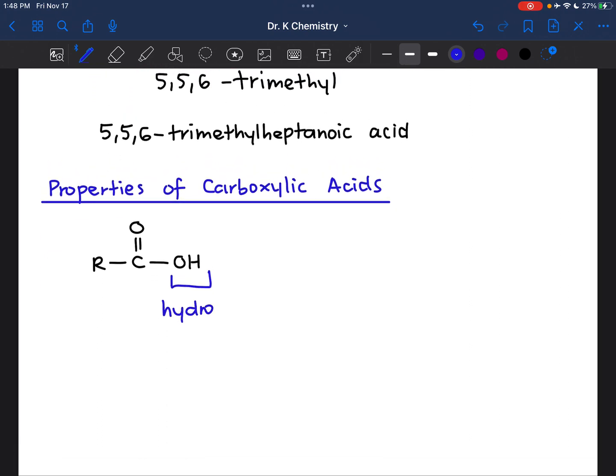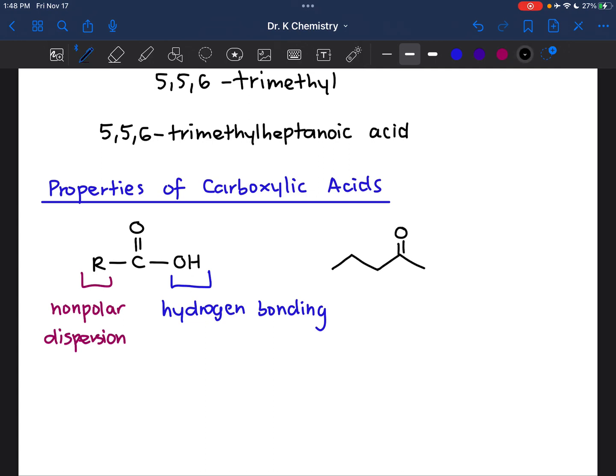So just like alcohols and just like water, this will have hydrogen bonding interactions. And the R group will definitely be nonpolar and contain dispersion interactions. Now, how nonpolar it is really depends on how long that chain is. So if that chain was 4 carbons long, that would be less nonpolar than if it was a lot of carbons.